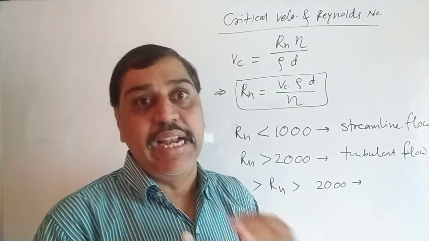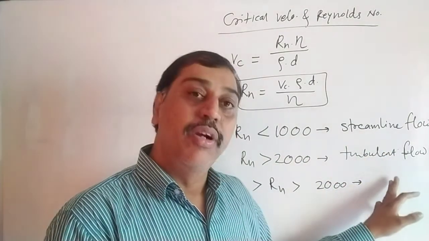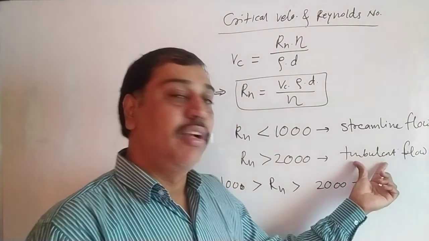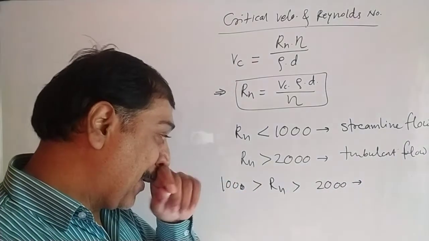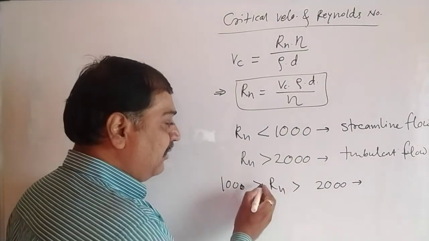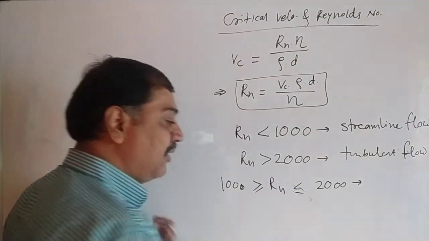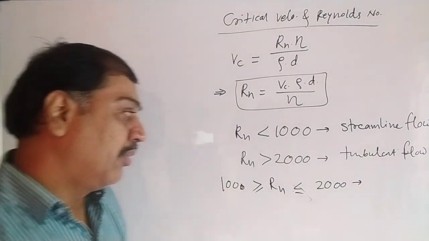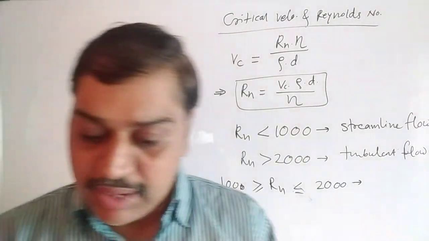It is an intermediate state, where the flow starts converting from streamlined to turbulent, and once it crosses 2000, the flow is said to be turbulent. So in between, the flow is said to be in the intermediate converting state.